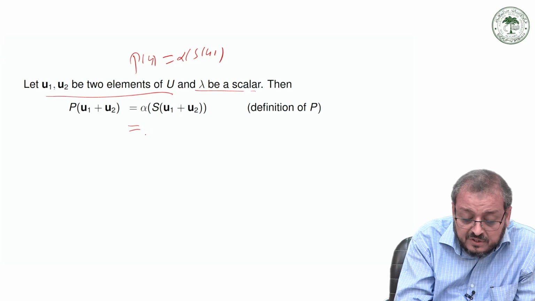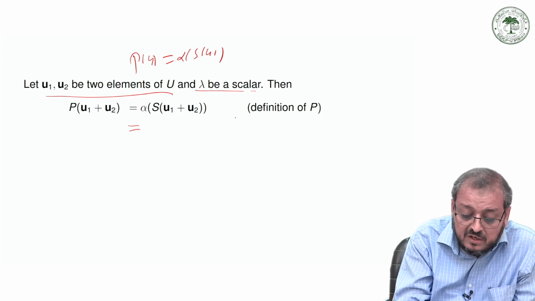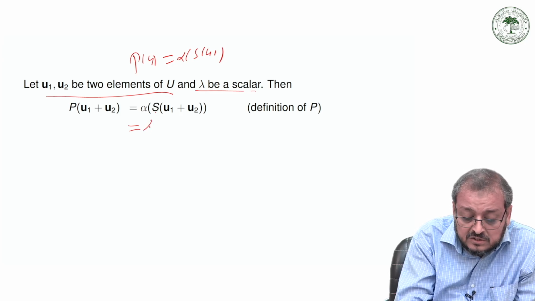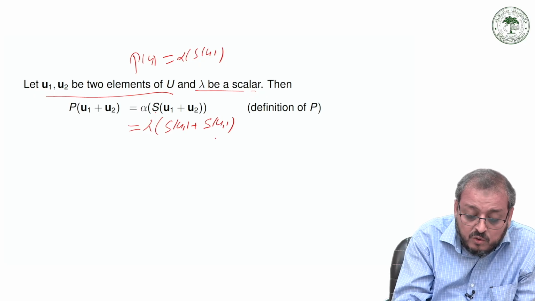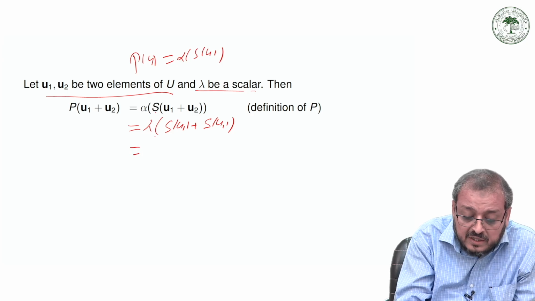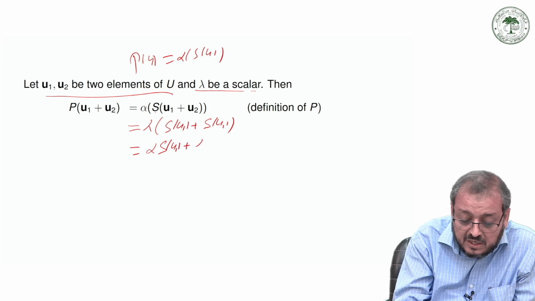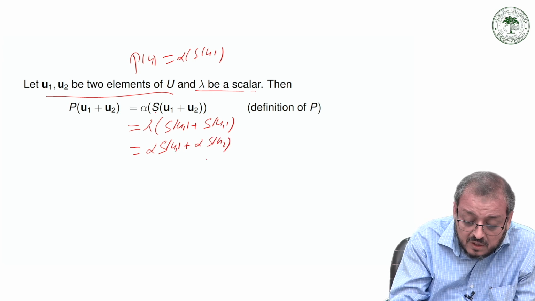Because S is given to be linear, this can be written as S of u1 plus S of u2, which is an element of V. By the distributive property, this can be written as alpha times S of u1 plus alpha times S of u2.